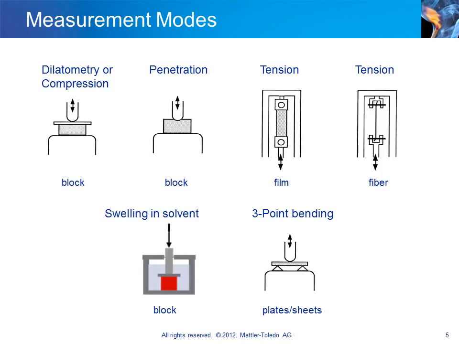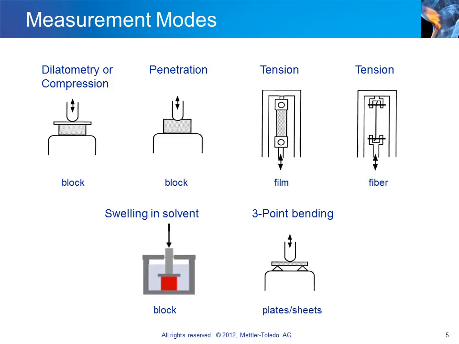Alternatively, a probe with a contact surface area of 1 square millimeter can be used in order to apply a constant stress. The tension mode is often used to investigate the expansion and shrinkage behavior of films and fibers. The samples are prepared externally using the appropriate accessories.